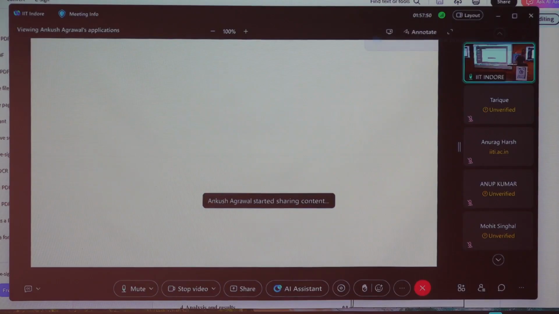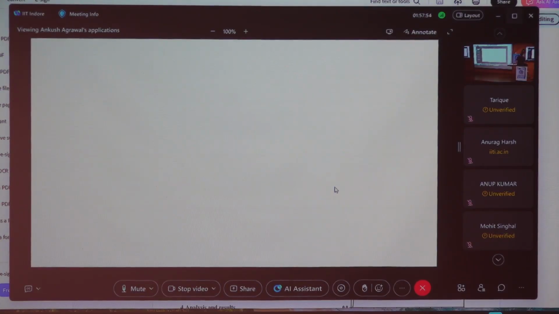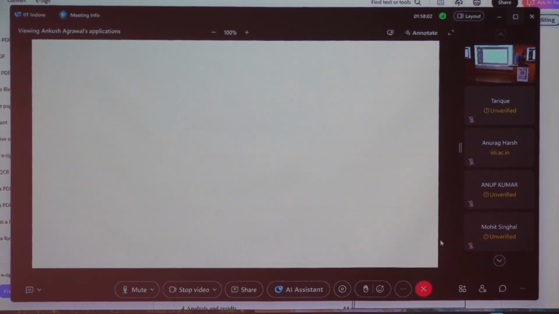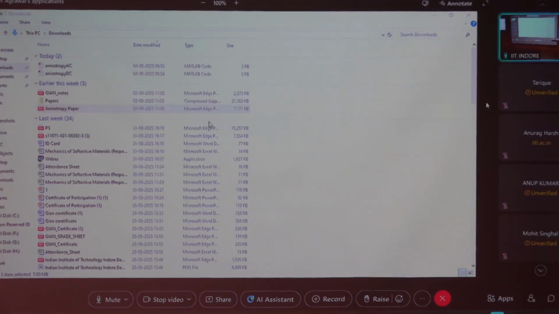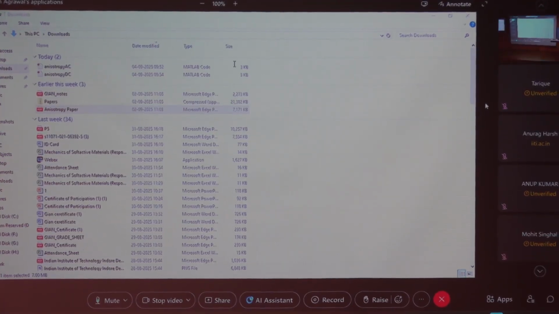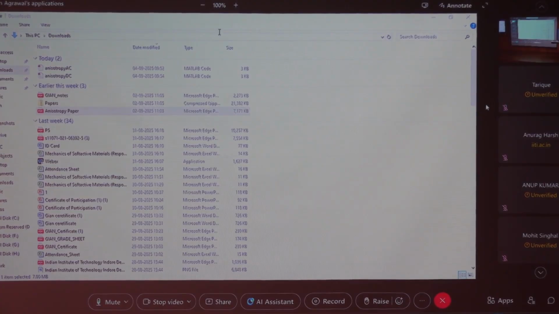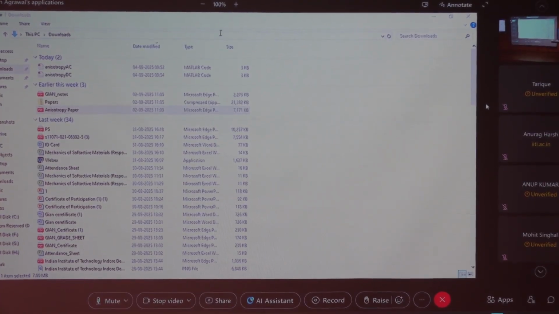On the other page, in parallel, we open that paper also. Is the screen visible? Yes, sir.